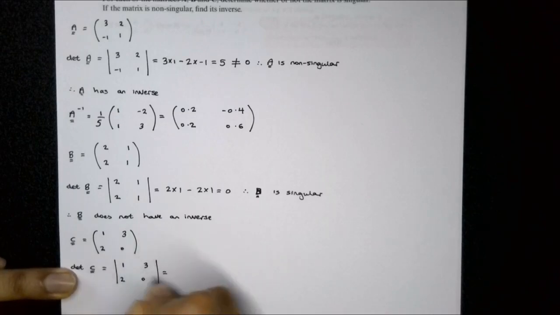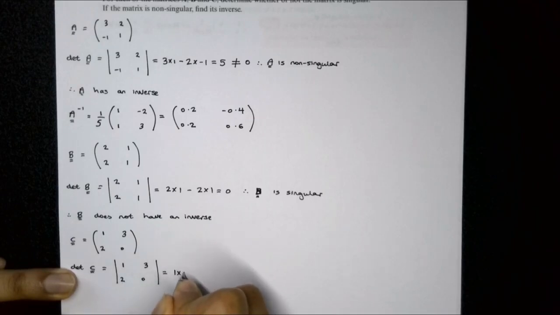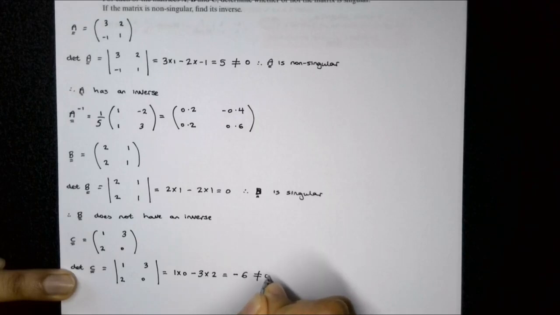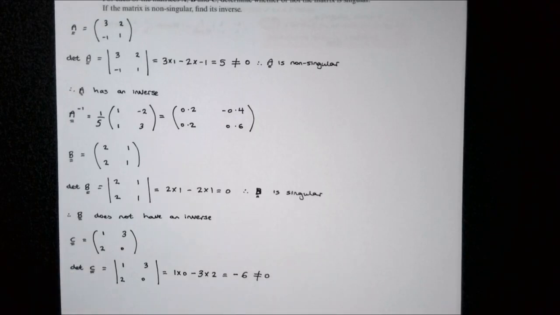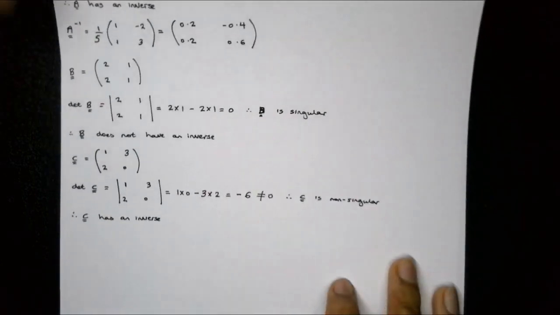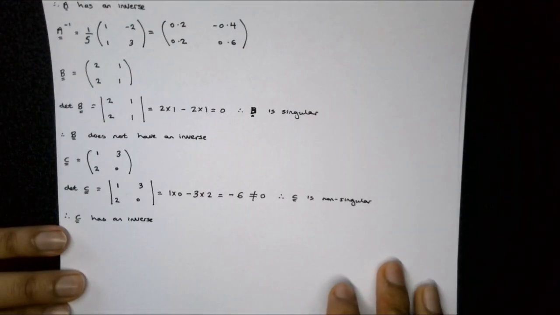So working this out, we have 1 times 0 minus 3 times 2. It turns out here we get -6. And because this does not equal 0, we can therefore conclude C is non-singular and therefore C has an inverse.